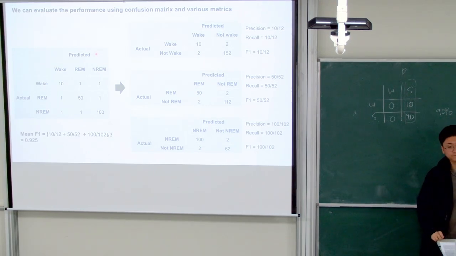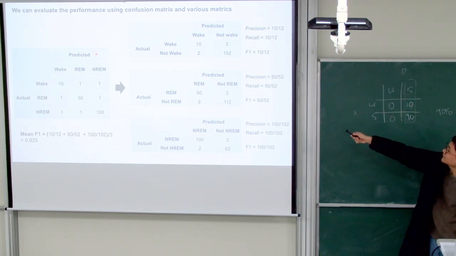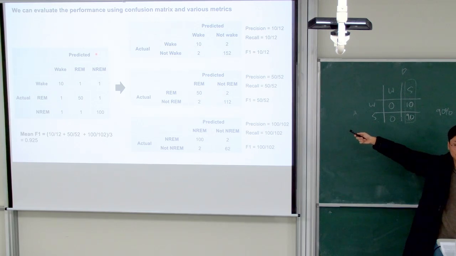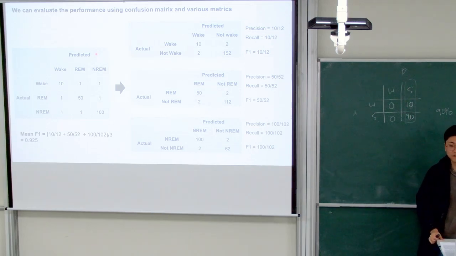For instance, if we predict wake, then TP should be actually wake, then we can call it TP, right? But REM and non-REM we can call negative, false. Okay, can we merge? Yes. Okay. We need 2 by 2.